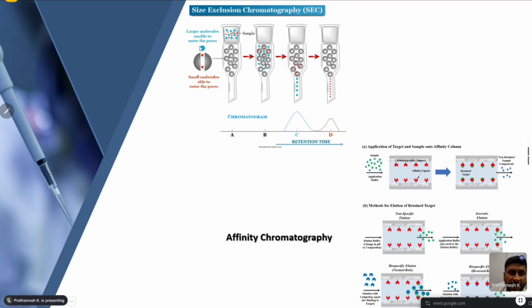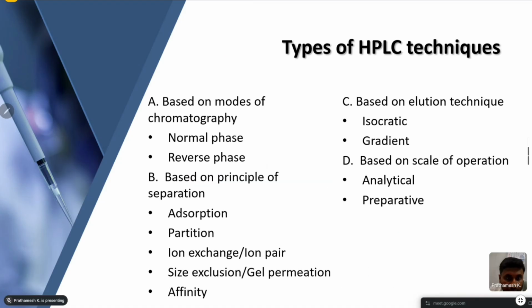Okay, so the time taken for a big molecule to pass through this column is less, so it comes out fast. And the time taken for the small molecule to pass through this column is more, because it passes through all the pores of all the beads and then it will come out. Okay, so here you can see the peak. This is the blue molecule and this is the red molecule. ठीक है, तो ये हो गया आपका size exclusion और gel permeation.